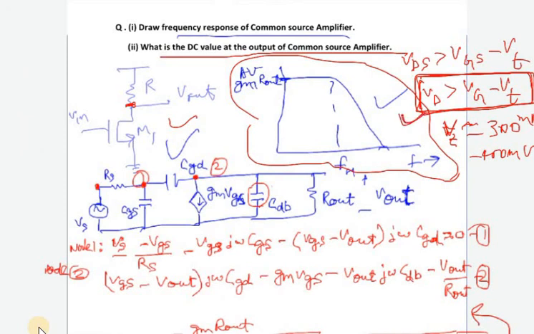If it is not operating in saturation, if it is operating in the linear region or for some other reason, then similarly you can find the approximate or intuitive value of the output node voltage.